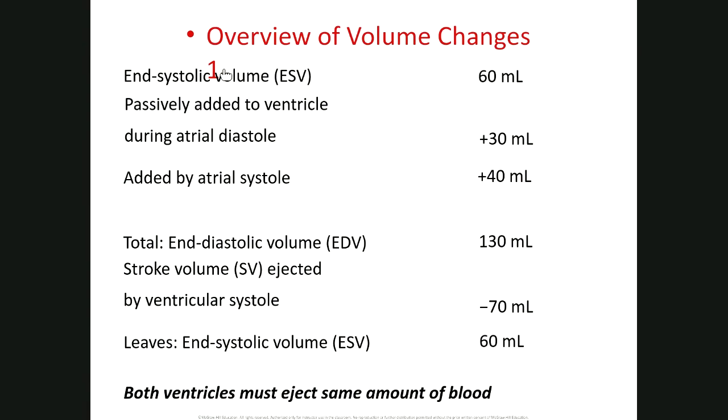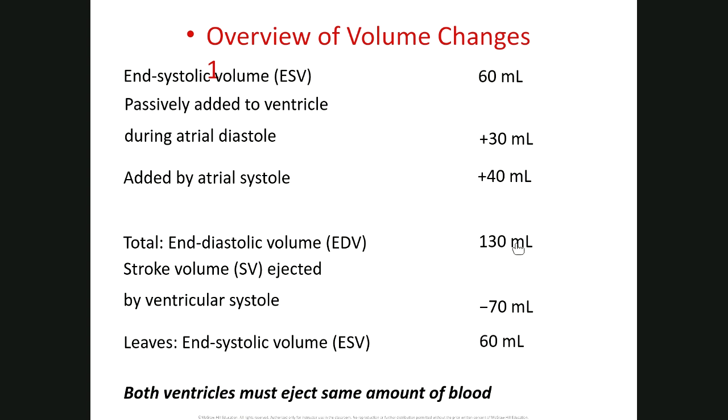About 60 ml is left. There's still blood left after ventricular contraction. And then we add the rapid fill and slow fill, which gives us 30 ml. And then when the SA node fired, making the atria contract, it pushed another 40 inside the ventricles. At this point, you have 130 and the ventricles are filled.